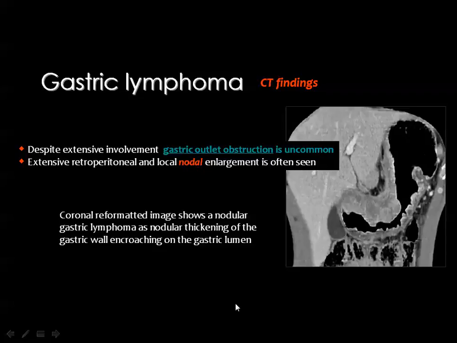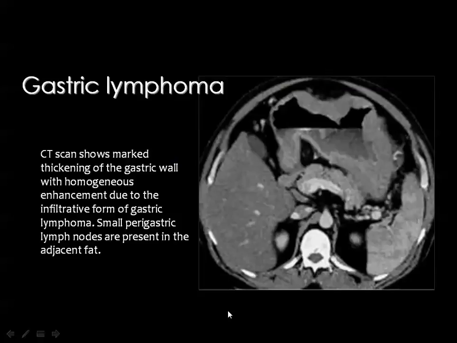And you should remember that lymphoma is not usually associated with gastric outlet obstruction, which is commonly seen in cases of large gastric carcinomas.